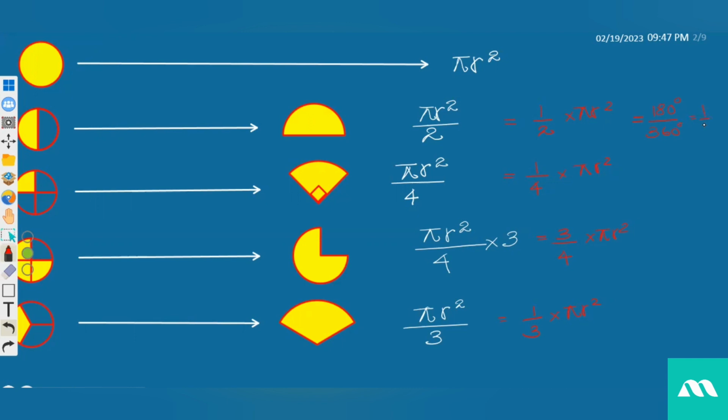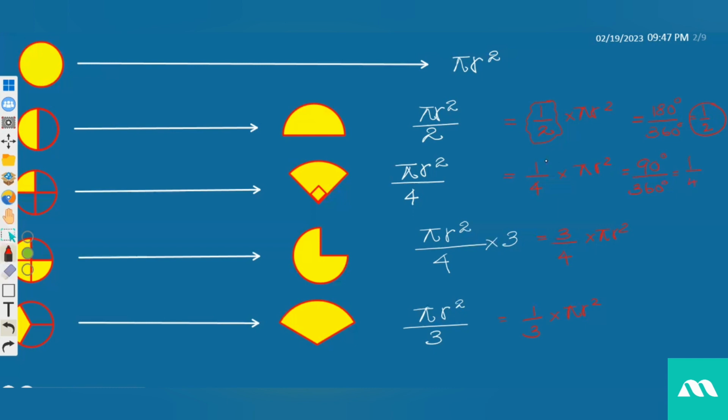That means this fraction is obtained by dividing the angle at the center by the angle around the center. For 1 upon 4, the angle at the center is 90 degrees upon 360, and if we divide, it is 1 upon 4.